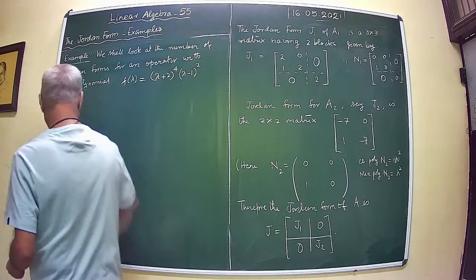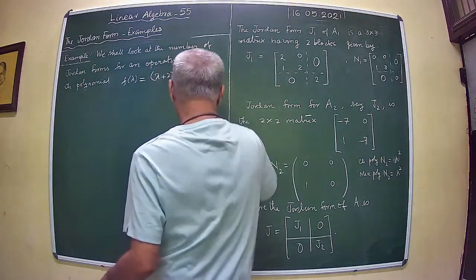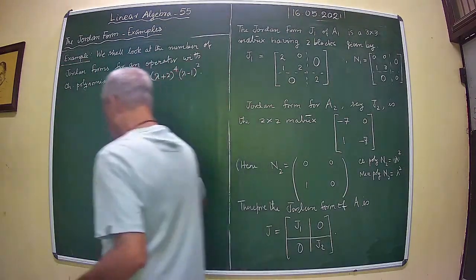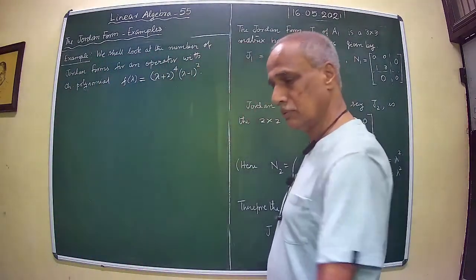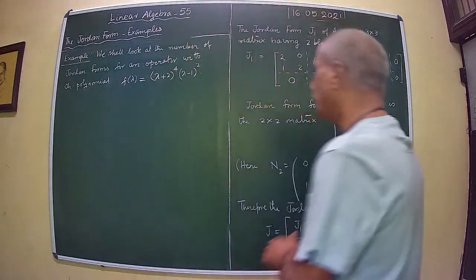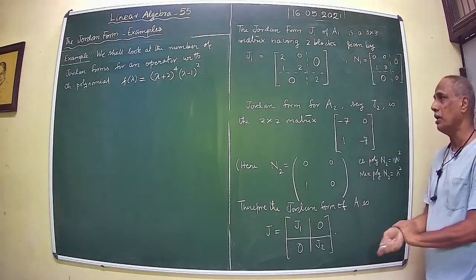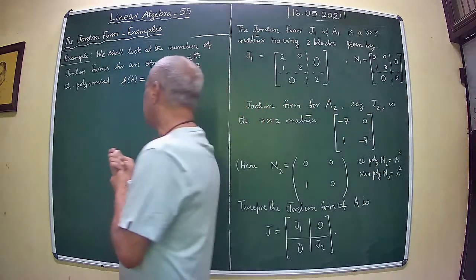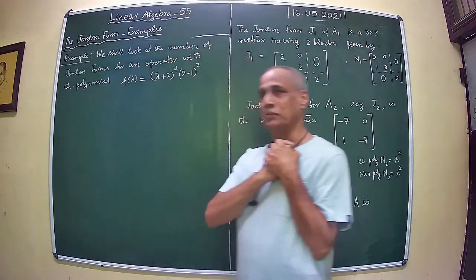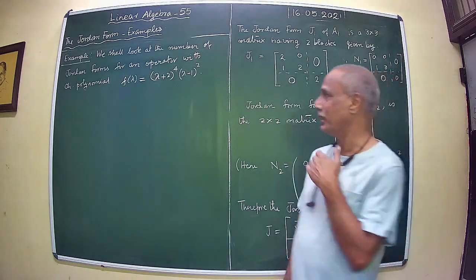It's very interesting. What are the different minimal polynomials which are related to the characteristic polynomial f? This is the question that you have.